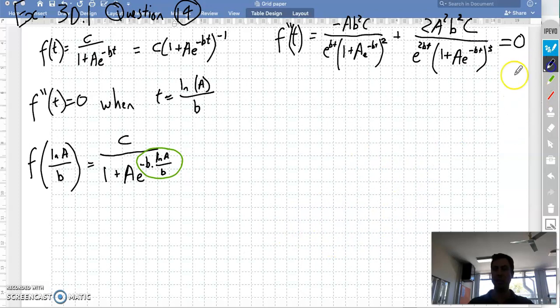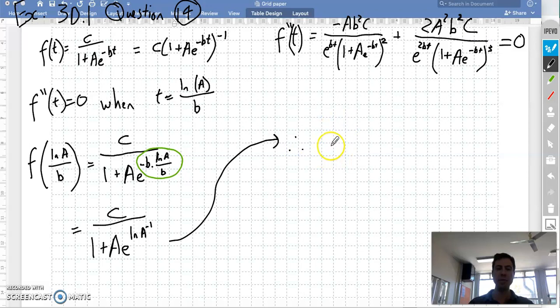So this here is c over 1 plus A times e to the power of ln A to the minus 1. Right? Remember, log is the inverse function of e, so that therefore follows that.